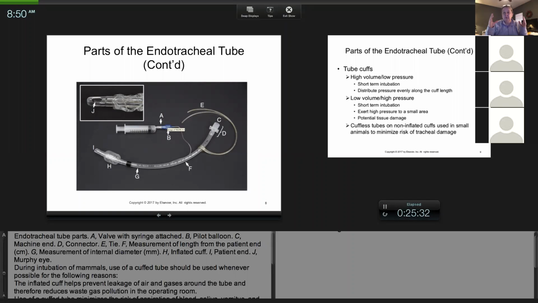Cat tubes are definitely too long for most cats. You don't want to bury the tube to the tip, because then it'll go down one side of the lungs. I'd rather have too much tube sticking out of a patient than too far in, okay?